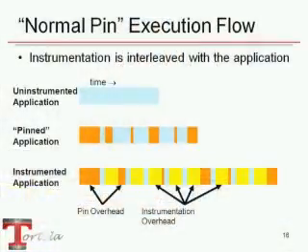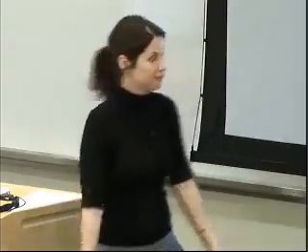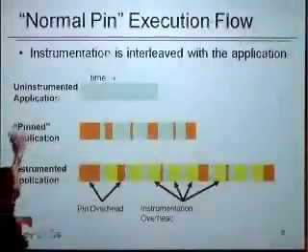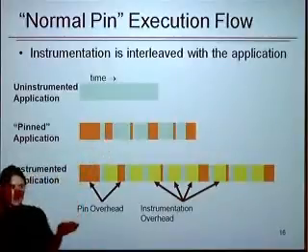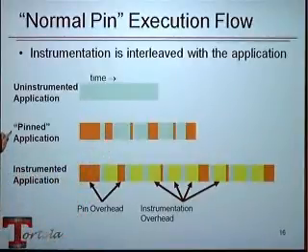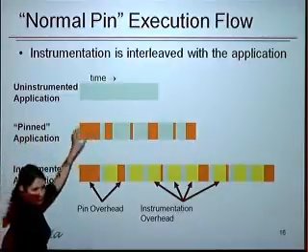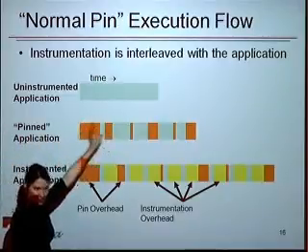In order to understand that, you need to understand where time is being spent when you run a native application versus a pinned application versus an instrumented application. If you're running a native application, all the time is spent running that application. Under the control of Pin with no instrumentation, you're alternating between Pin generating some code, you running that code, and then Pin generating more code.